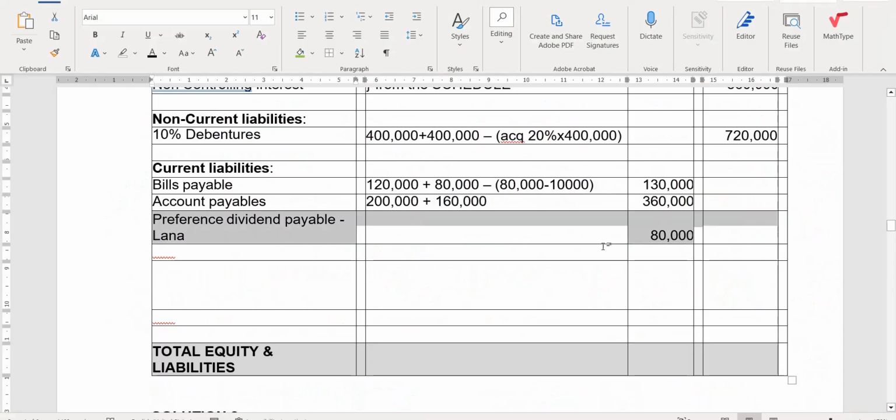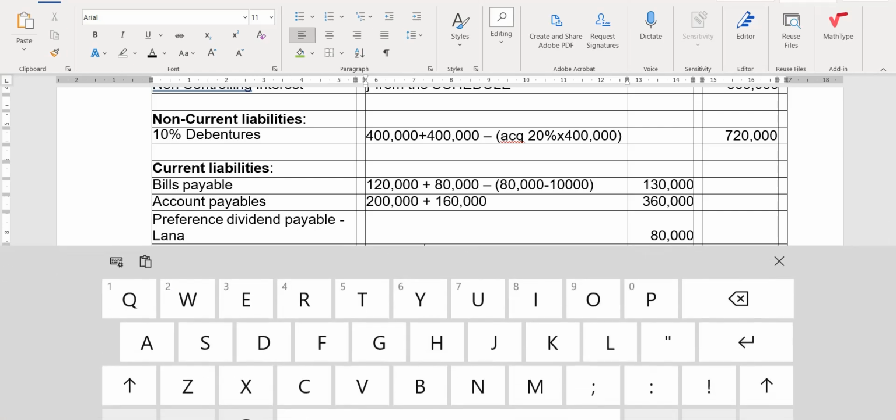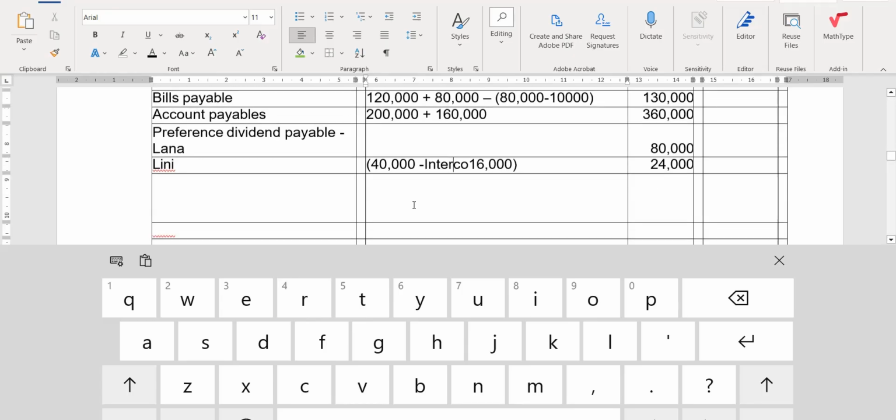80. Then proceed with the one of Lini. But the one of Lini, you need to go and remove the intercompany. So this 16 is actually the intercompany dividend. So the intercompany dividend is being eliminated, intercompany transaction.